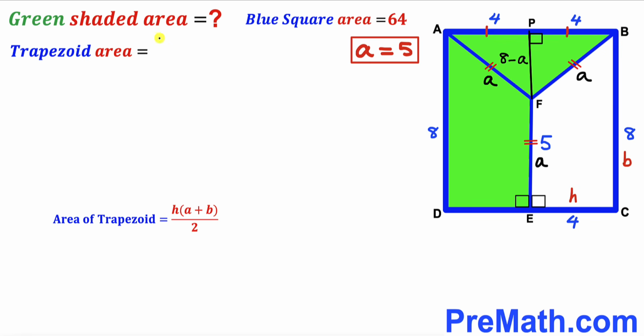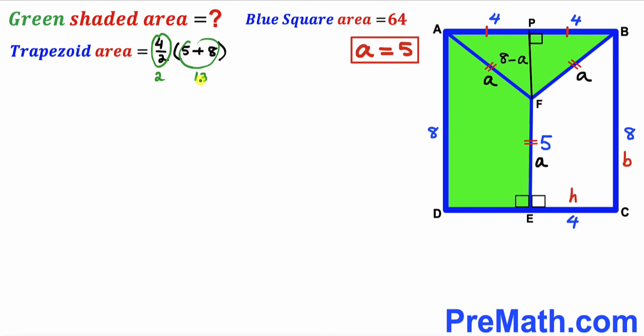So the area of this trapezoid is going to be 4 divided by 2 times (5 plus 8). Here we can see this reduces to 2, and 5 plus 8 gives us 13. So we could write 2 times 13, and that is going to be equal to 26 square units. Thus the area of this white trapezoid turns out to be 26.